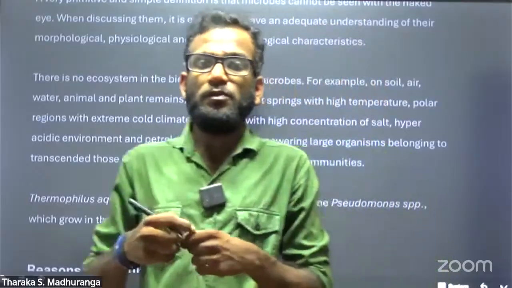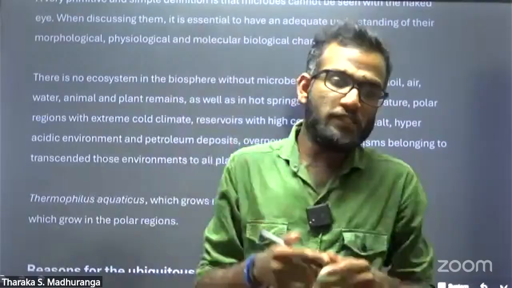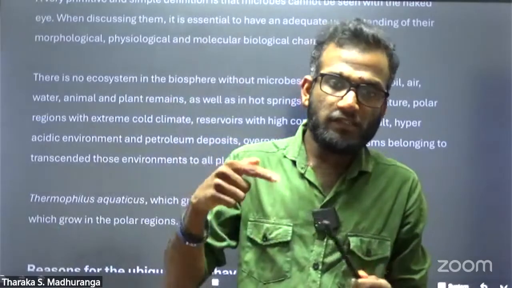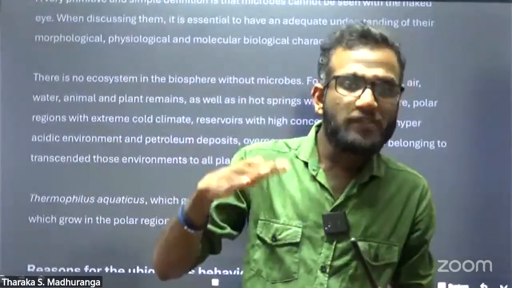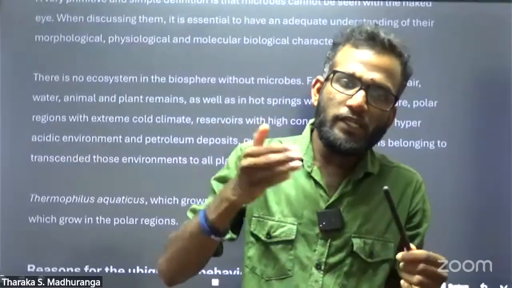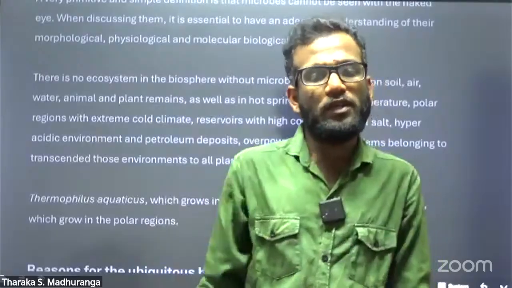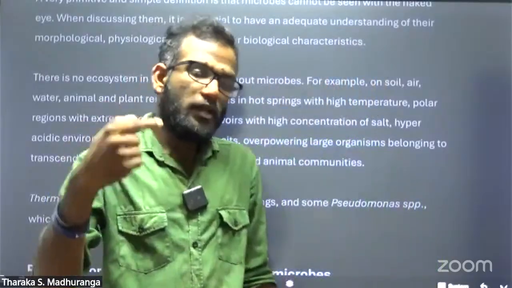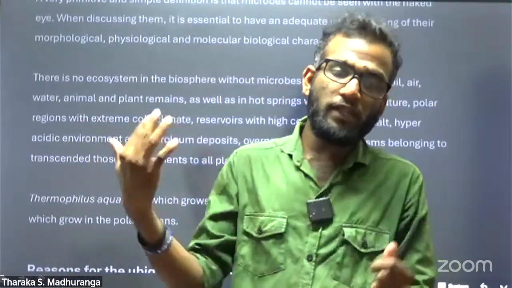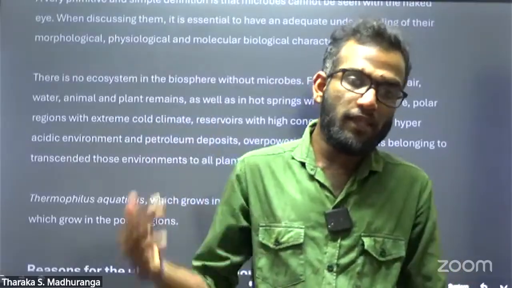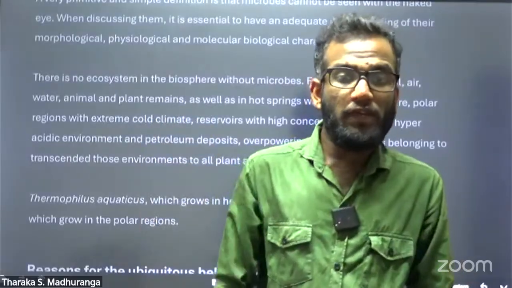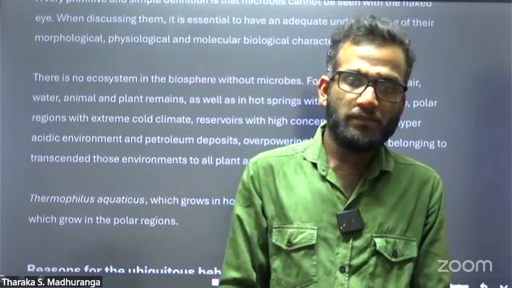If we consider the polar region glaciers, within glaciers the temperature is minus 10 to minus 18. Any plants or animals cannot live, but some types of microorganisms can tolerate and adapt to this environment, and they can live even inside these glaciers.